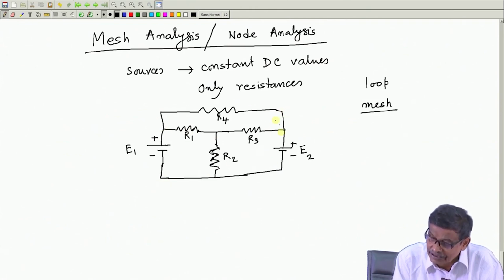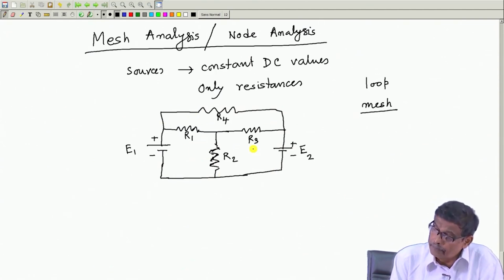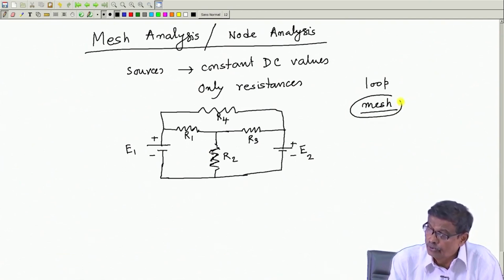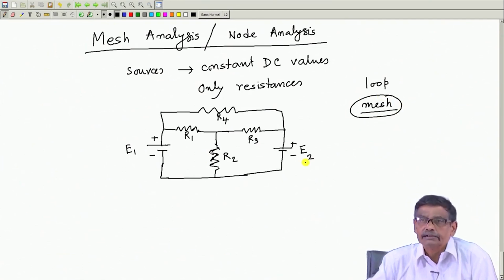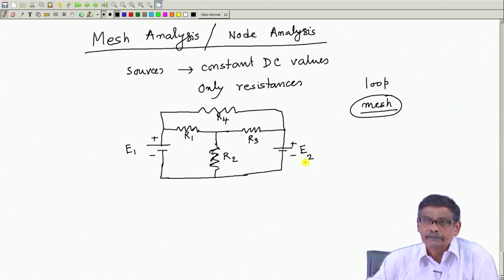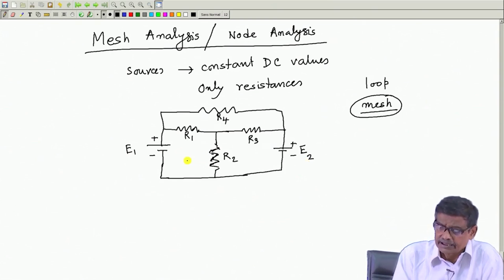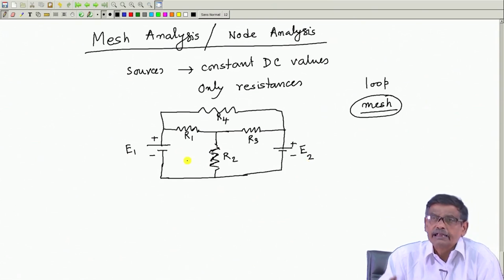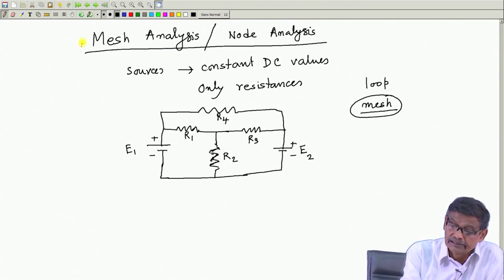No. Within that there are several loops present. Therefore, meshes are those closed loops within which you will not find any other loop to be present. Okay. So, given a network, I can distinguish between mesh and loops. So, this is the thing, mesh.